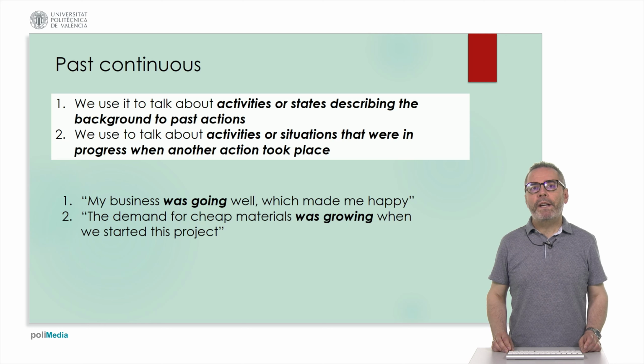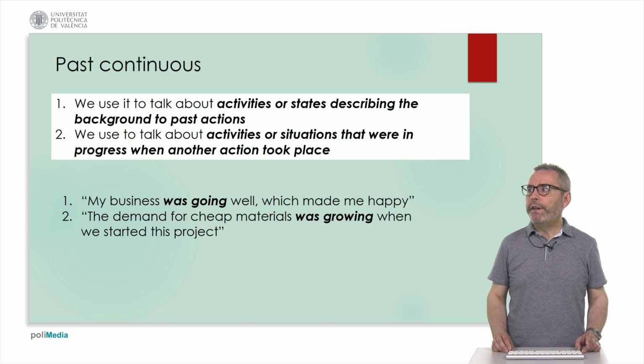We also have the past continuous. In this case, we use it to talk about activities or states describing the background of past actions, or you can use it as well to talk about activities or situations that were in progress when another action took place. In progress because it's a continuous tense.